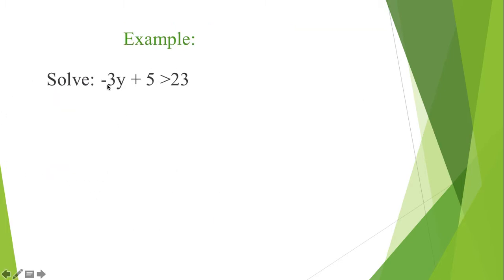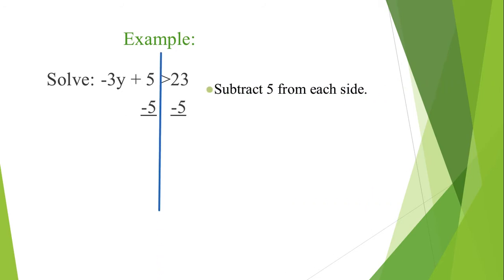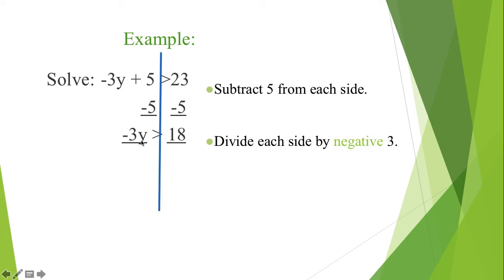Now here we have -3y plus 5 is less than 23. We have a multiplication and we have an addition. Which will you solve first? The +5, by putting the -5 on both the sides. Now we have -3 multiplied with y.